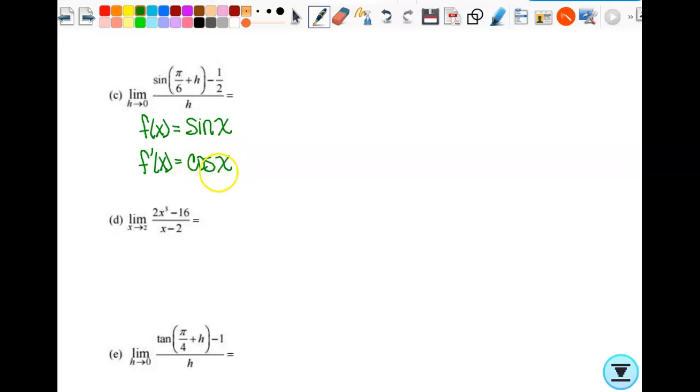Cosine of x. Do I evaluate this one? Yes. What do I evaluate it at? Pi 6. So f prime of pi 6 is equal to the cosine of pi 6. What's the cosine of pi 6? Square root of 3 over 2.